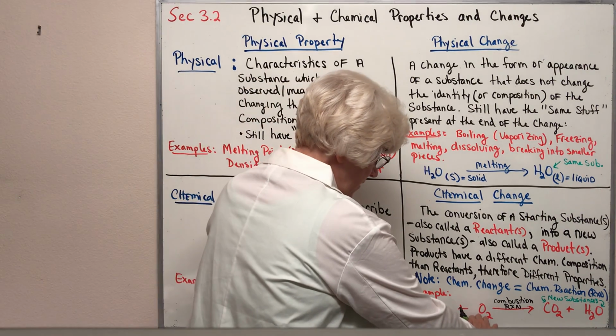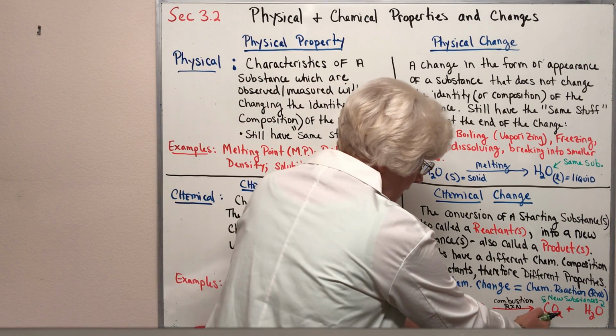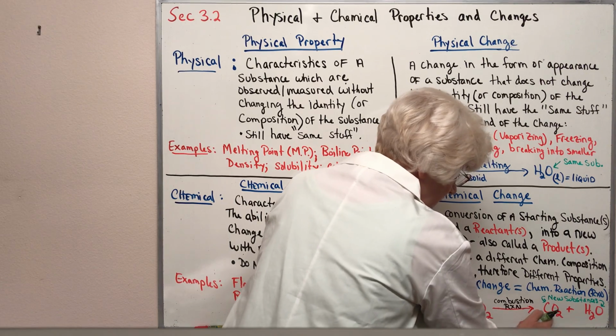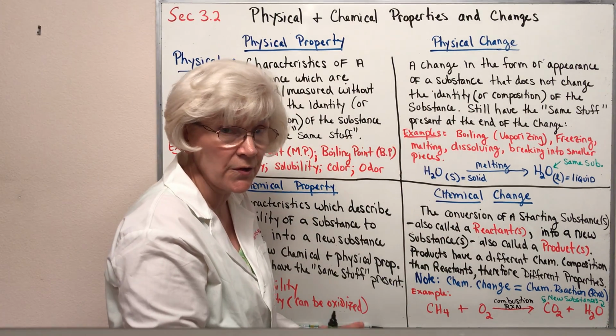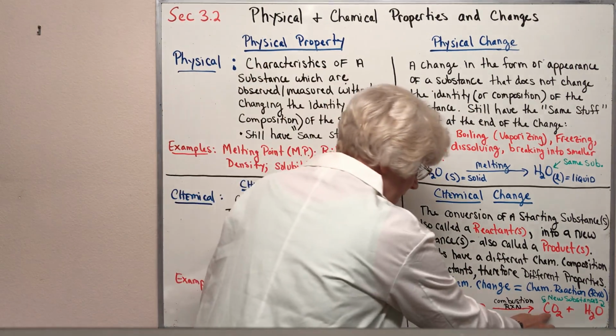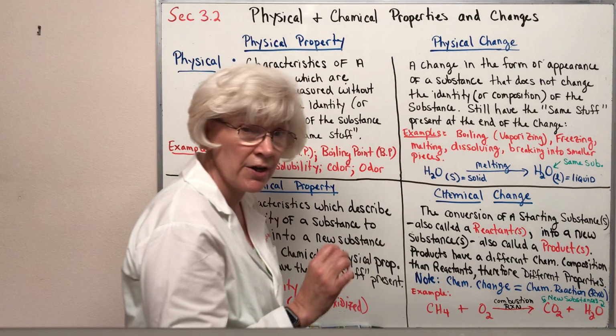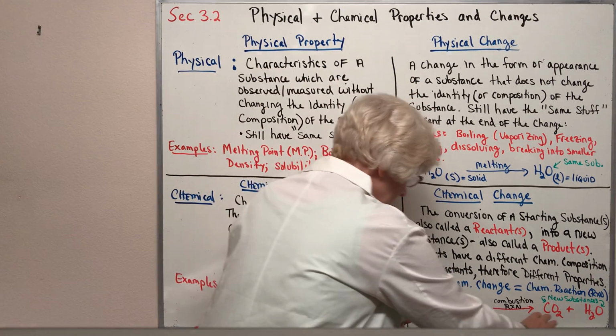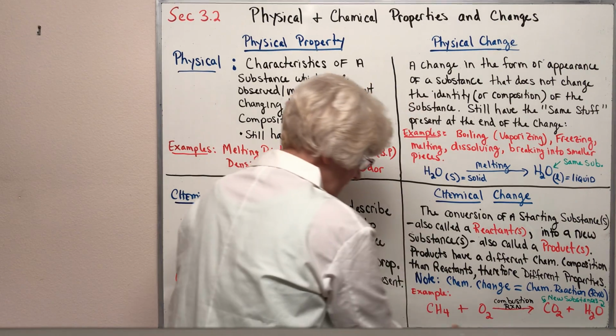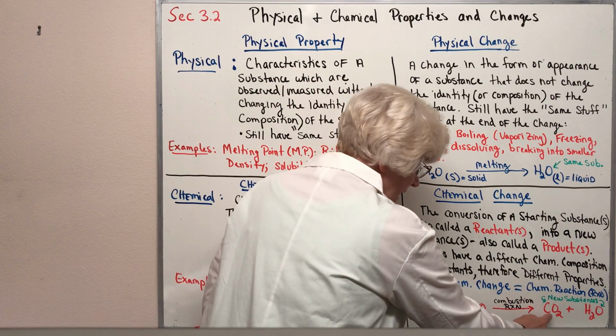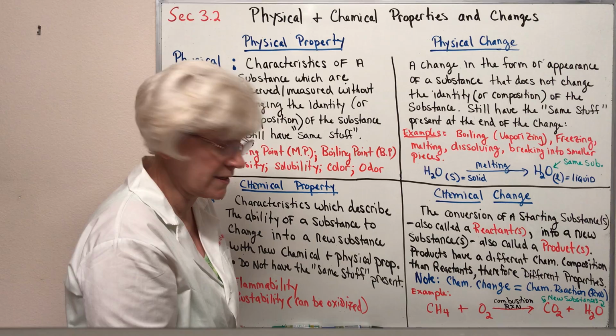There are no other carbon atoms in the reactants. And the products, carbon dioxide also has one carbon atom present in it. So my carbon count is balanced, reactant and products. One carbon on the reactant side, one carbon on the product side.